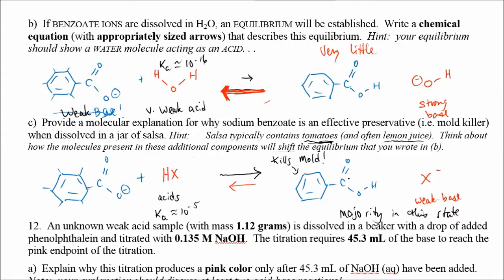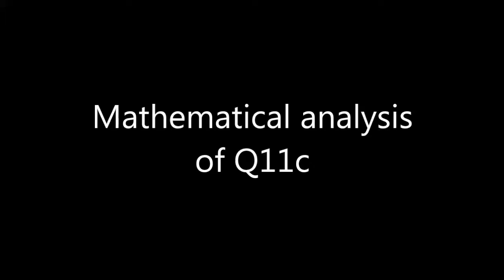The benzoate is useless, but the benzoic acid keeps your salsa mold free. And the reason it works in this environment is because the weak acids will lower the pH, providing H plus ions to the benzoate bases, creating the benzoic acid, shifting the equilibrium to the right. This is how it works.